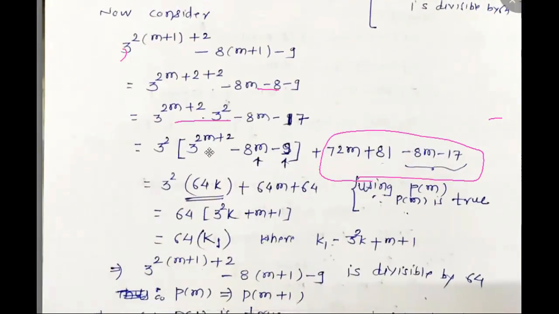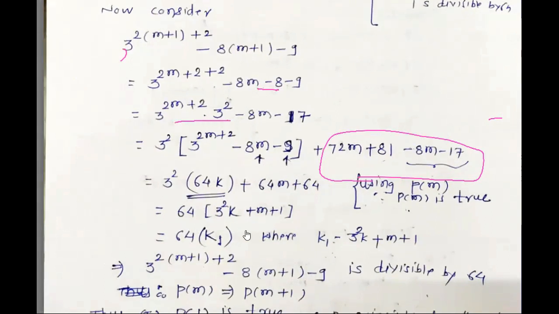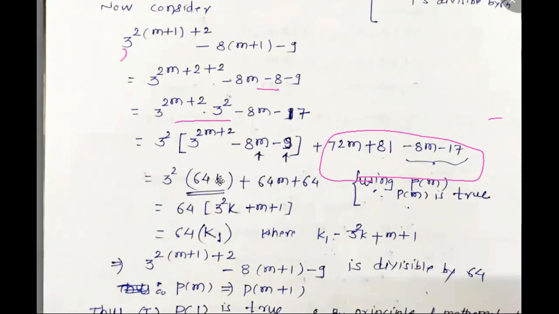This is the number in P of m. It is divisible by 64, so we get 64k. And 72m minus 8m is 64m, 81 minus 17 is also 64. Take 64 common. So we get 64 into 3 square k plus m plus 1.